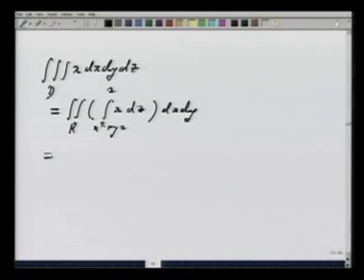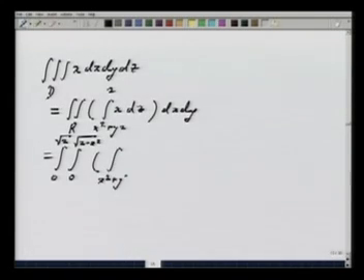I can write it more formally, saying what exactly R is: x from 0 to root 2, y from 0 to square root of 2 minus x square, then the integral from x square plus y square to 2 of x dz, first dy, then dx.